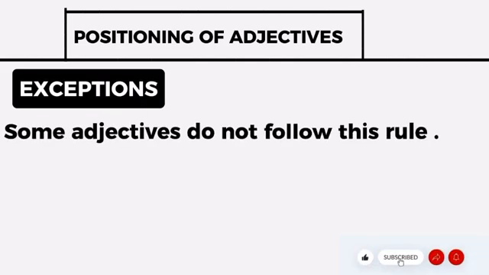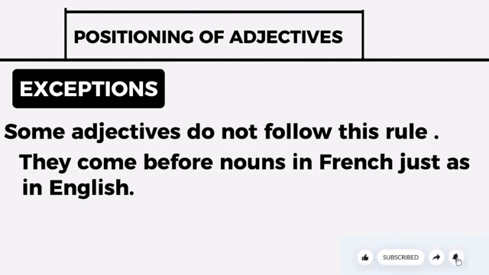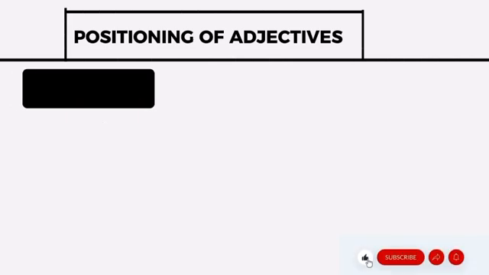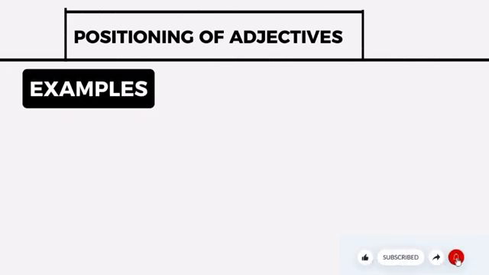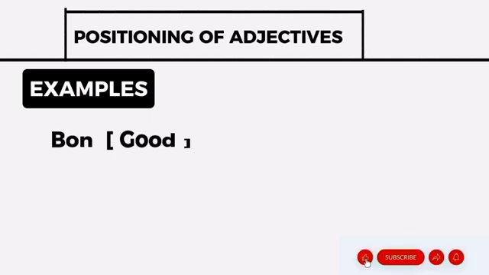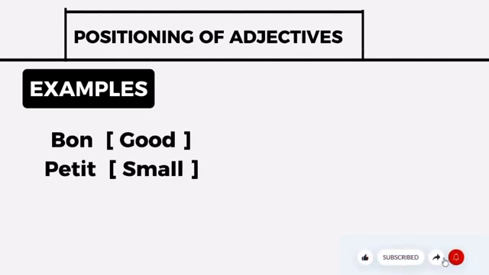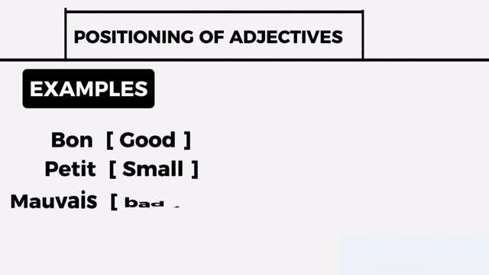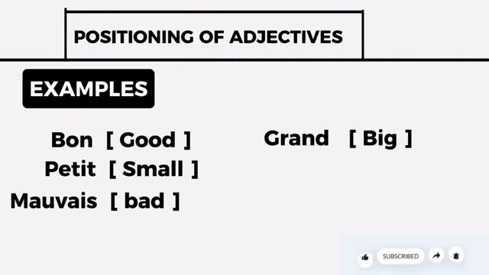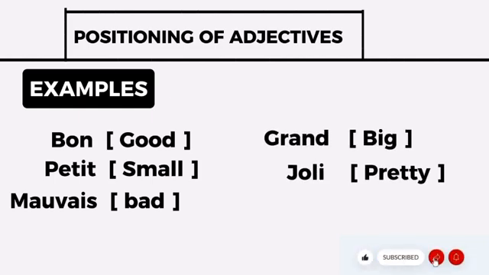You see, there are some adjectives which do not follow this rule. Instead, they come before the nouns in French. Examples of these adjectives are bon, good, petit, small, mauvais, bad, grand, big, joli, pretty.